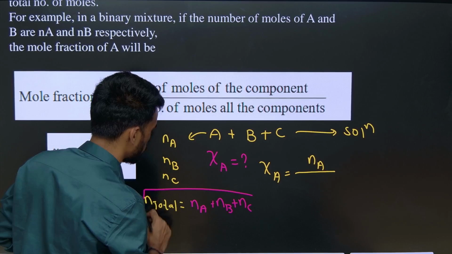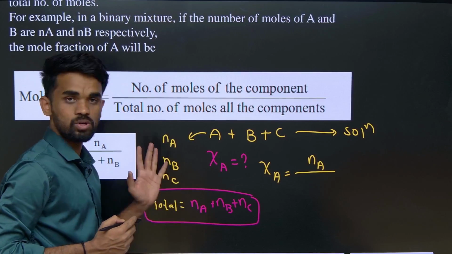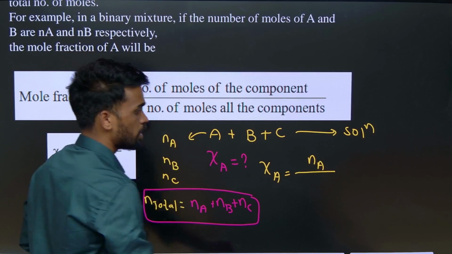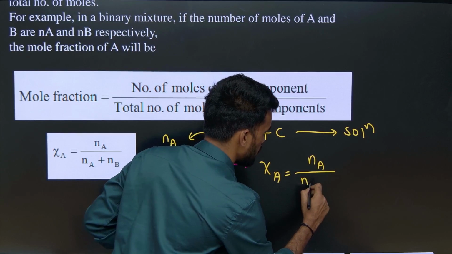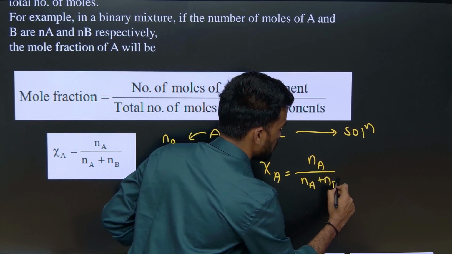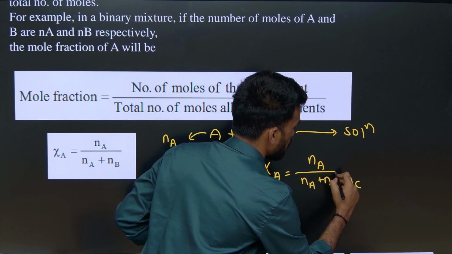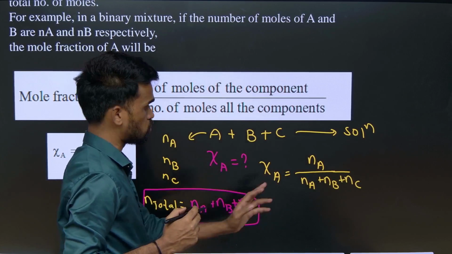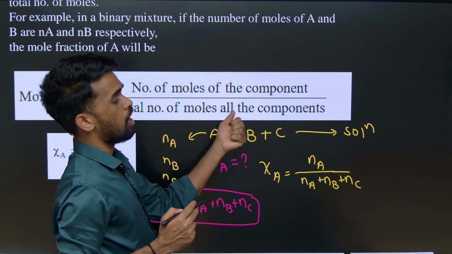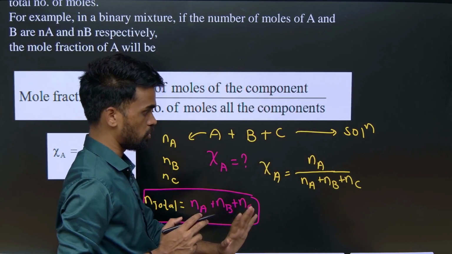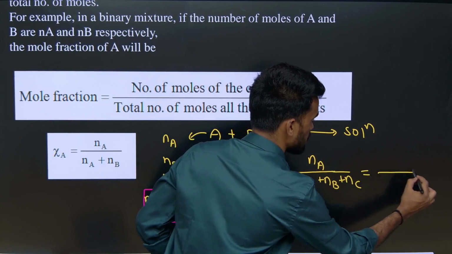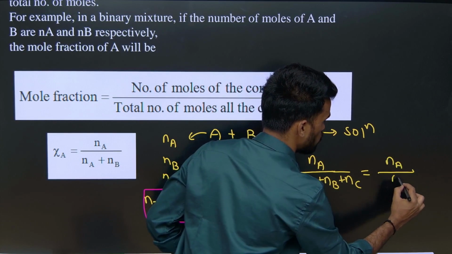So this is how we need to find the total number of moles of a particular solution. You take Na plus Nb plus Nc, and this is what you write in the denominator. So total number of moles of all the components in that particular solution you have to take. You can generalize this as Na by N total.